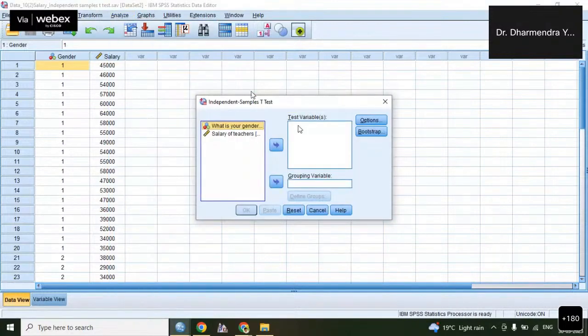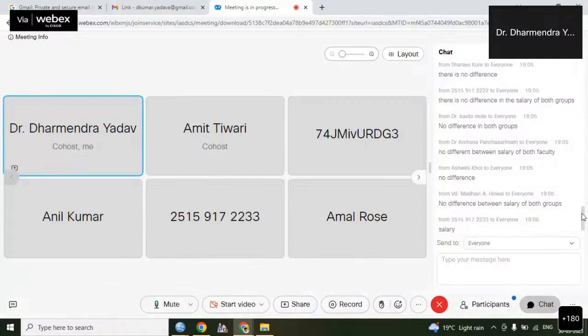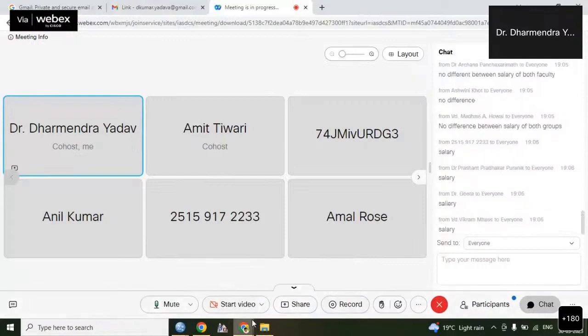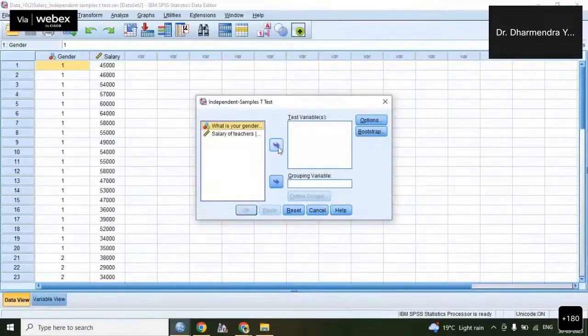So what is our test variable? What do we want to test? Gender or salary? Tell me. What do we want to test? Salary, yes. So we are interested in the salary. So our test variable is salary of teachers.